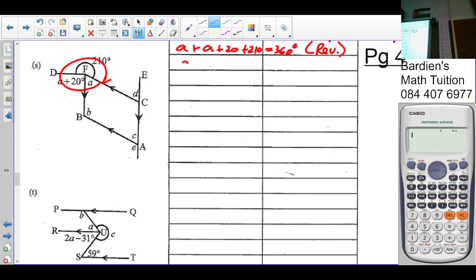So 2A is equal to 360 minus 210, which is 150, minus 20 is 130. So A works out to be 65 degrees.